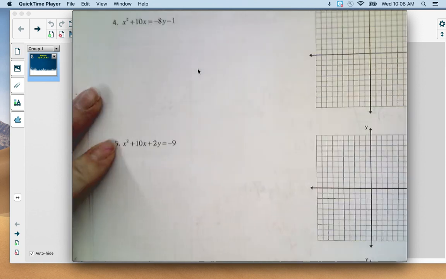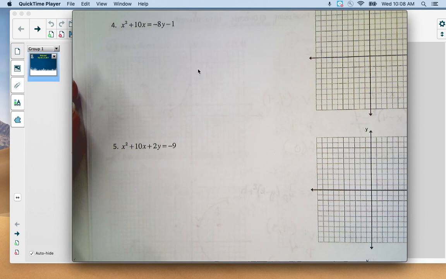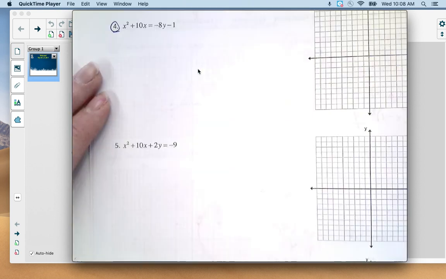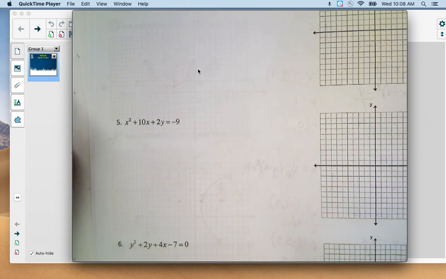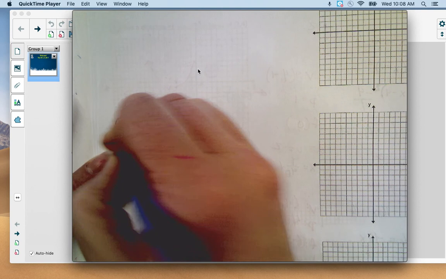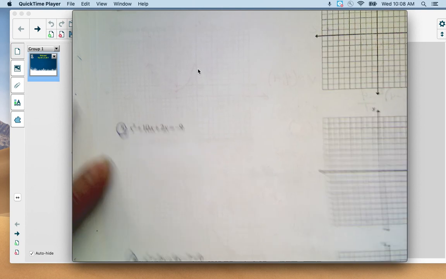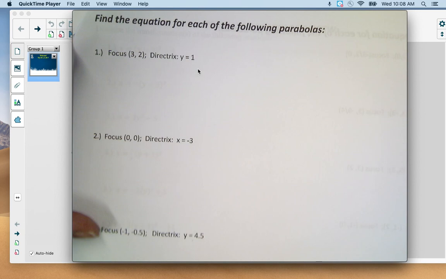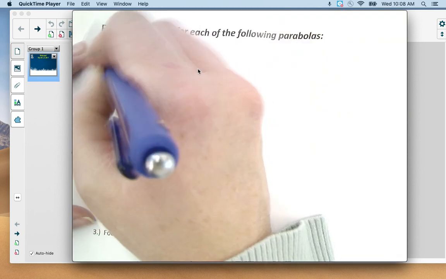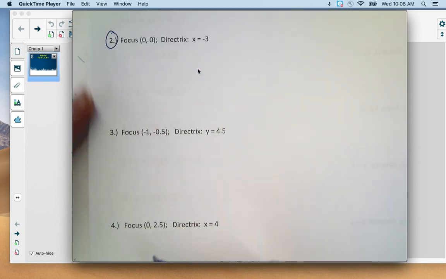Flip the page with me. We're going to do pretty much 4 of each. So I'm going to have you do number 4. We'll do 3 of each. Well, 3 of 6: 4, 5, and 6. You're going to have to do 7. 4, 5, 6. Flip the page. 1, 2.